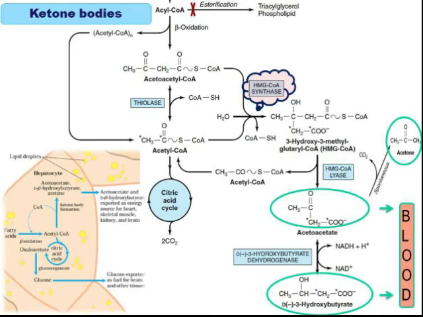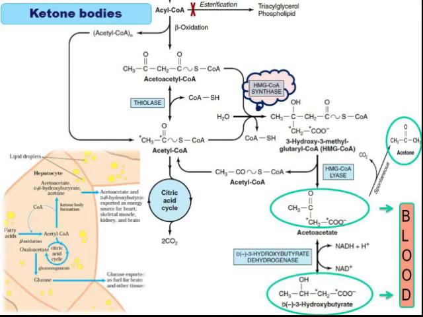Then HMG-CoA lyase present in the hepatic mitochondria catalyzes the splitting of HMG-CoA to acetyl-CoA and acetoacetate. This acetoacetate can be reduced within the mitochondria to 3-hydroxybutyrate by the enzyme 3-hydroxybutyrate dehydrogenase, or it can be spontaneously decarboxylated to acetone.